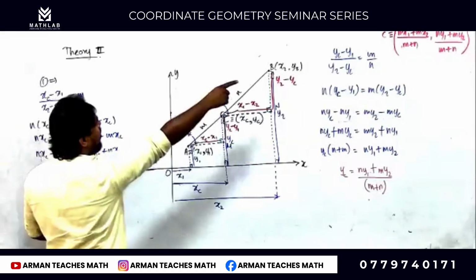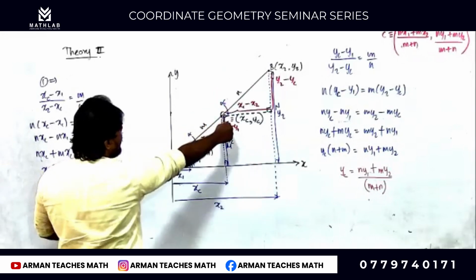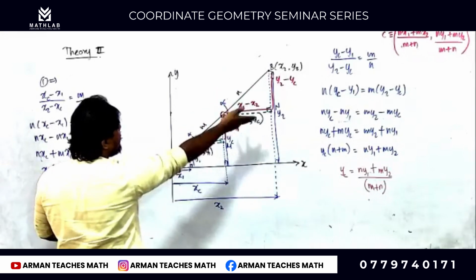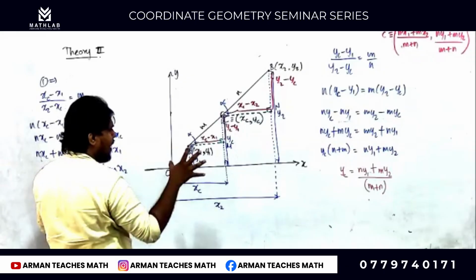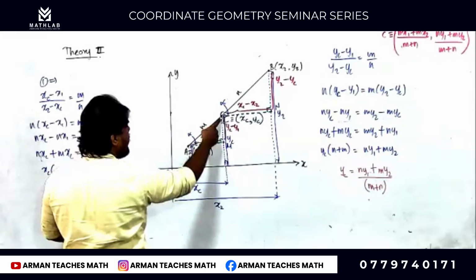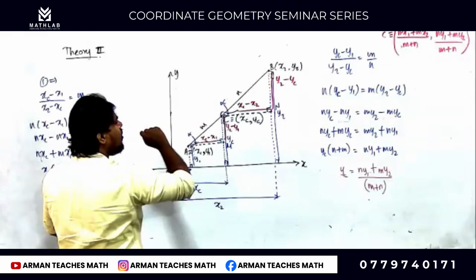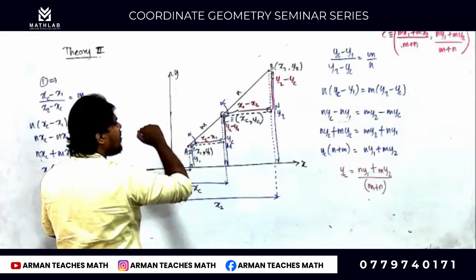Observe the final coordinates we obtained by calculations. We can easily calculate the x coordinate of point C, an internal point which divides this straight line segment at a certain ratio. How do we calculate it?